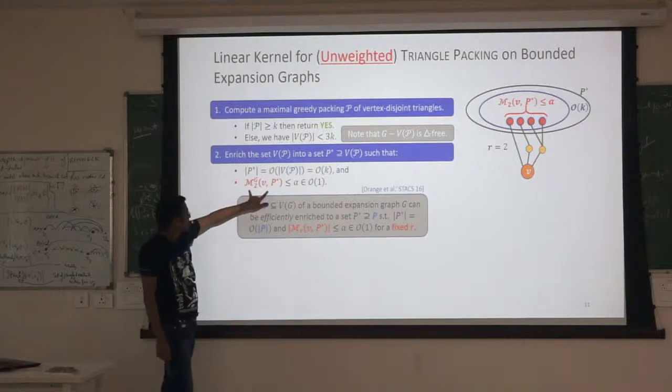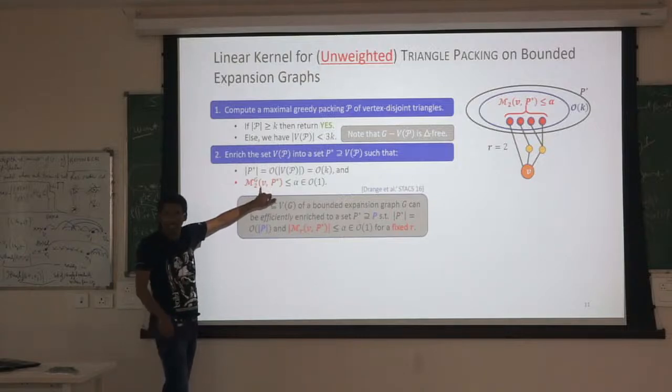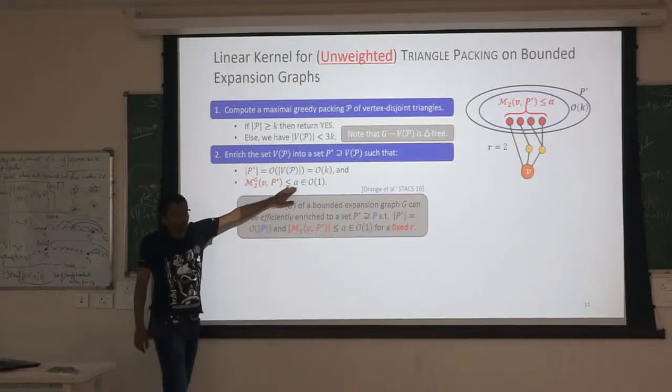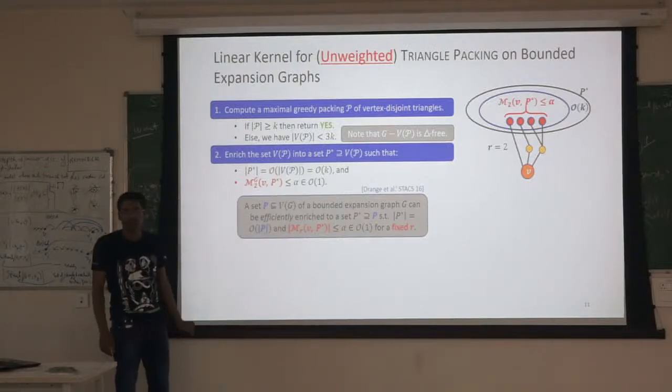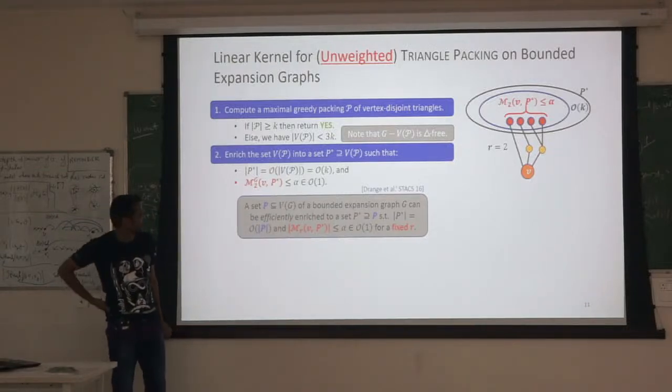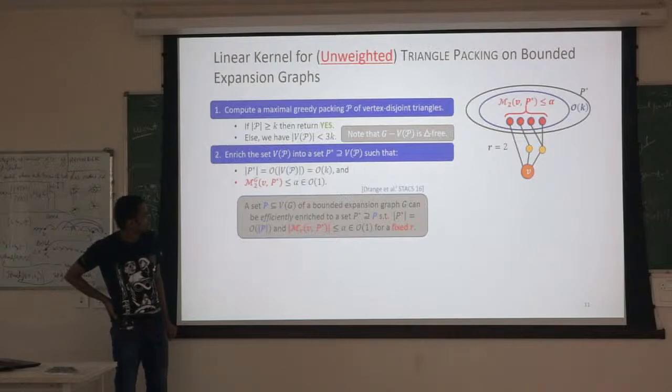And now the nice thing is, if you look at the distance neighborhood from V, in the sense that the internal vertex does not contain things from P star, then it is bounded by a constant alpha. This is exactly the thing that I mentioned in the previous slide. How is the size of P star linear in k?